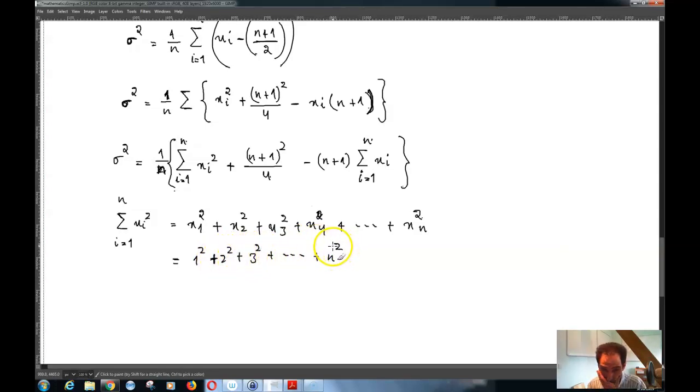And the way that you can do it is that, as you can see, if I write out these numbers, what I will get is, for example, 1 plus 4 plus 9 plus 16 plus all the way up to n squared. And of course, this is no geometric progression, this is no arithmetic progression.